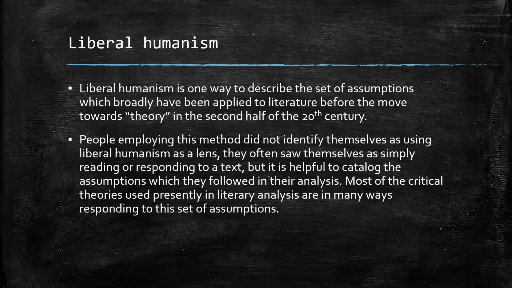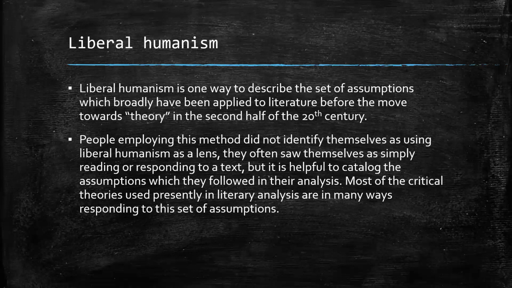So liberal humanism is one lens or one set of theory. It's one way to describe the set of assumptions which were broadly applied to literature before the move towards critical theory in the second half of the 20th century. In academia, generally theory by itself, if we say he's using theory, has come to mean these critical theories that reject the ideas of liberal humanism.